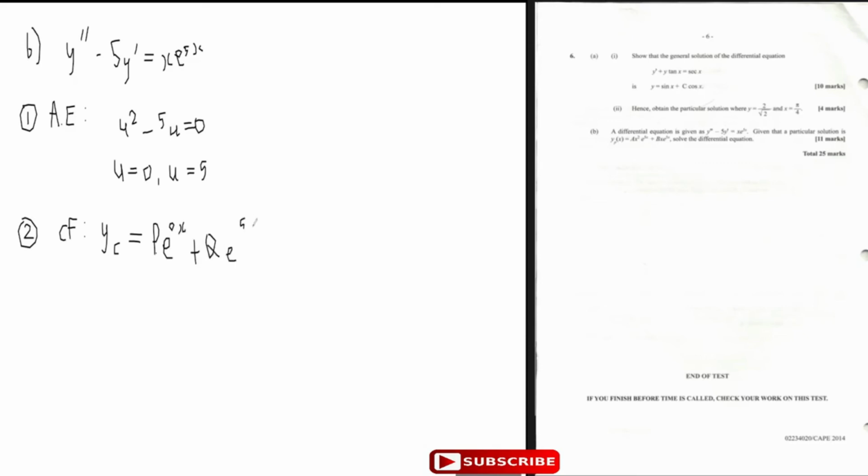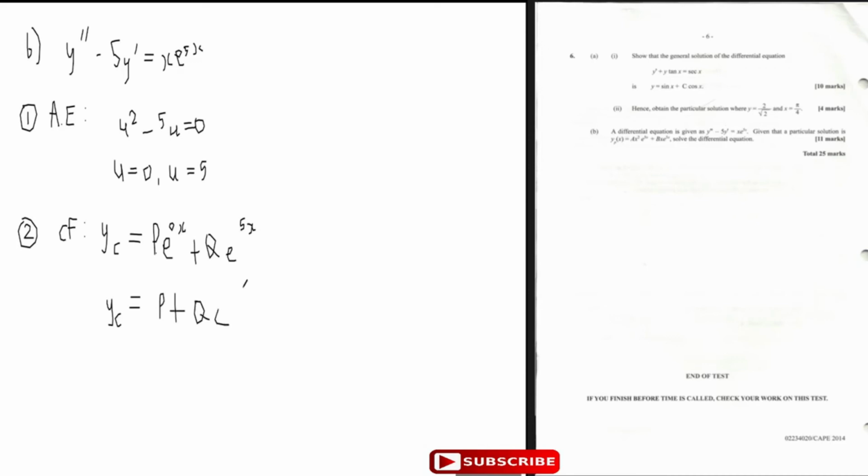In reality, this simplifies so that the complementary function is given by P, since e to the 0x is just 1, plus Q e to the 5x.